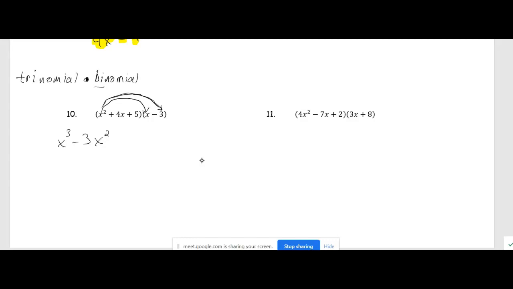Once you were done with that, so now the x squared has been distributed, so I can kind of ignore him for a minute. I'm now going to take the 4x, and the 4x needs to be distributed. So the 4x multiplied by x would be a 4x to the power of 2. And then the 4x gets multiplied by the -3. So a 4x times a -3 should give us a -12x.